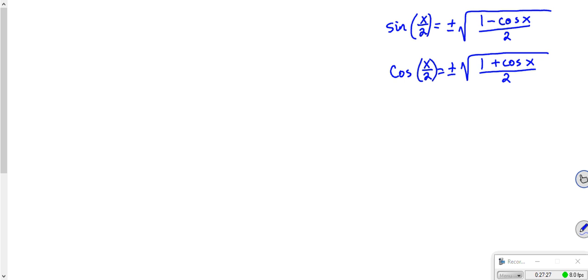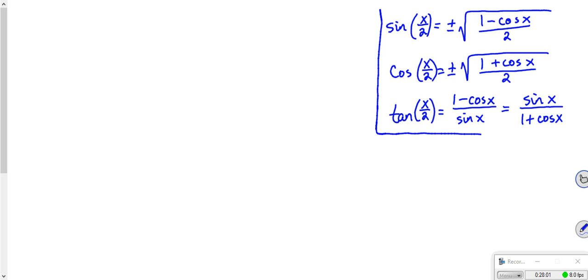Now, the tangent of x over 2, you got 2 choices here. It's either 1 minus cosine x over sine x, or it's sine x over 1 plus cosine x. So either one.